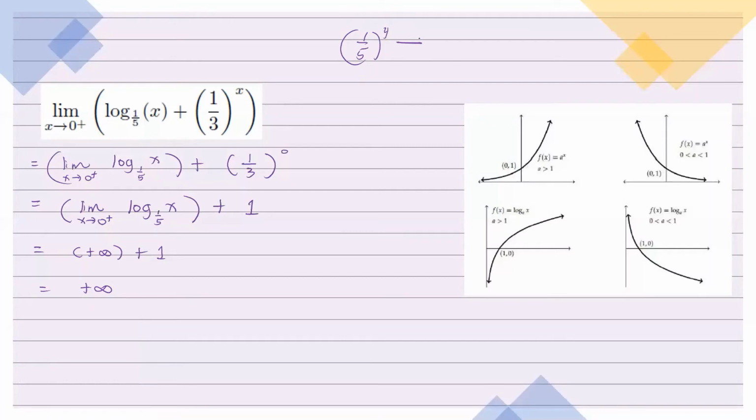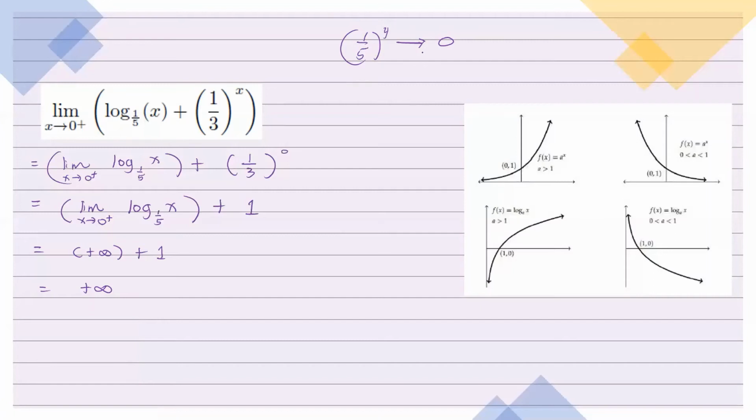Gusto natin mag-approach ng 0 ito. So, paano mo ba papaliitin lalo yung value ng 1 over 5? Di ba pwede mo siyang i-multiply sa sarili niya ng sobrang daming beses? Kasi kapag multiply mo siya sa sarili niya, ang lumalaki lang talaga ay yung denominator kasi ang numerator ay fixed na equal to 1. So, if we have 1 divided by a very large positive number, we will simply get 0.